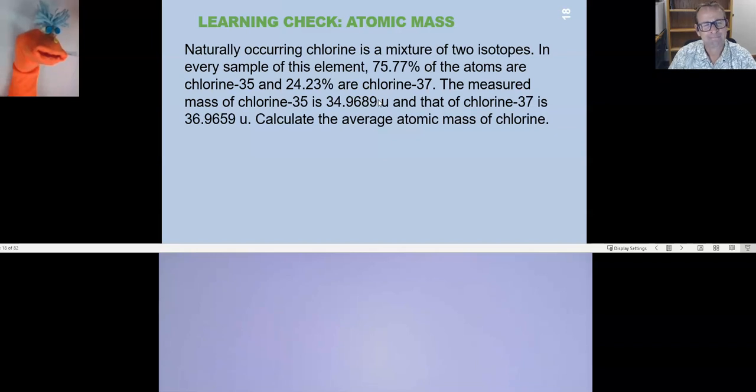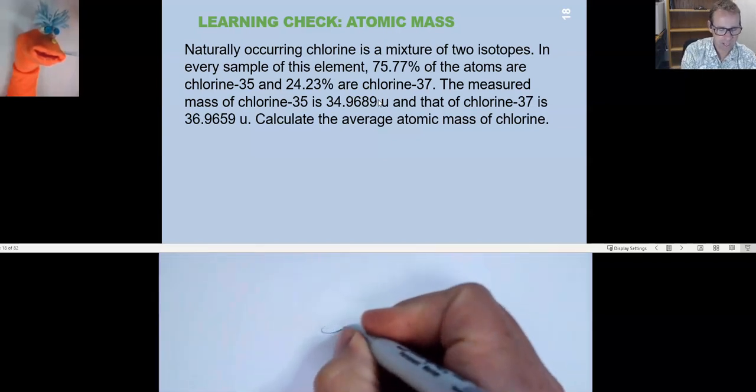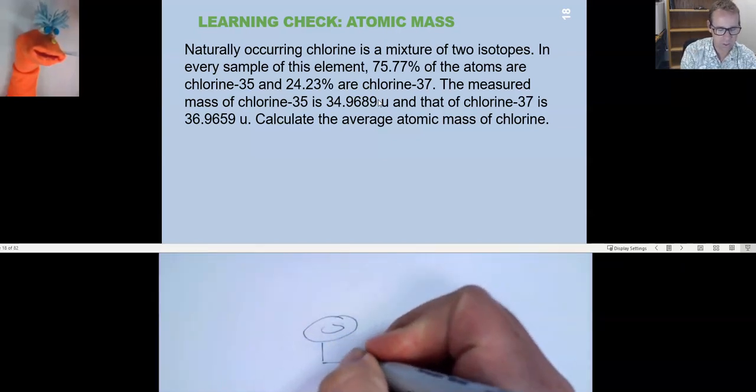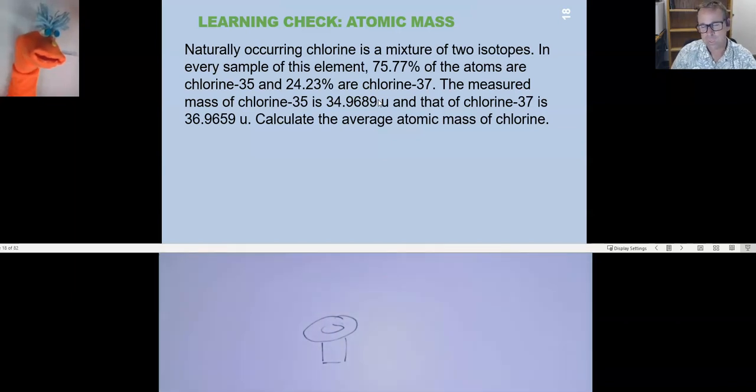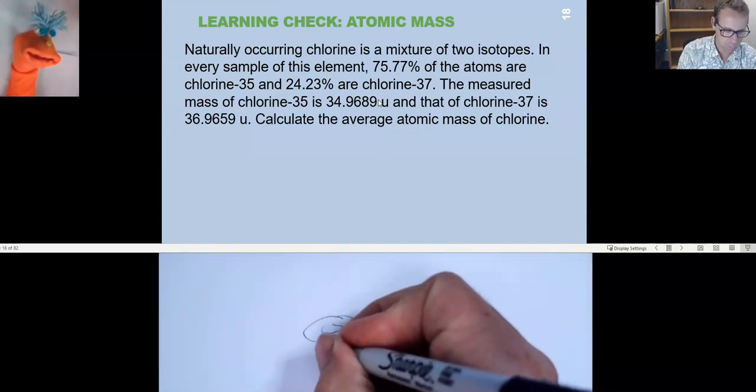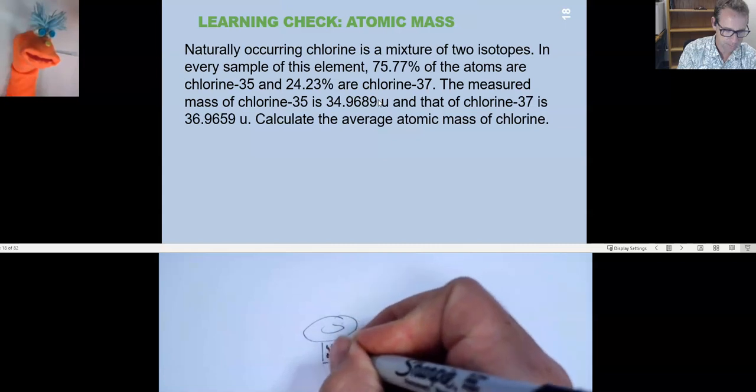But here, I have different percentages of the different masses. So think of it this way. If I have a hat, and I have inside this hat 100 different atoms of chlorine, and they differ in their masses. Some are chlorine 35 and some are chlorine 37, and I want to know the average. How would I find the average of all the different atoms of chlorine in this hat?